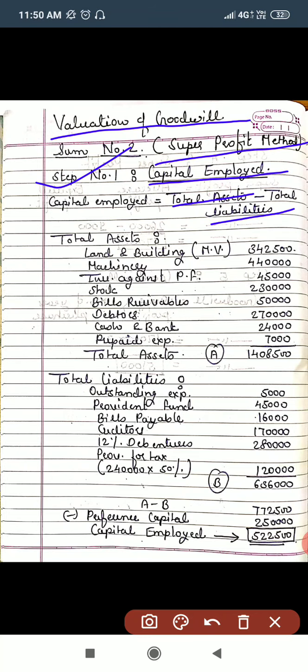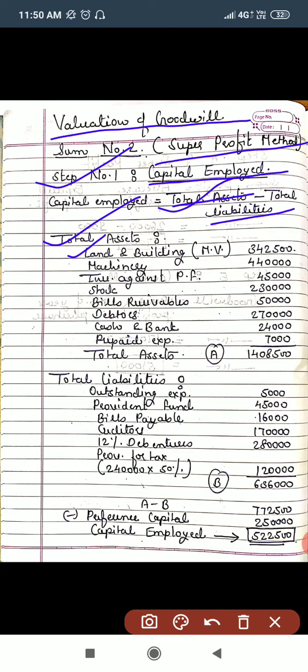You have been provided with the big balance sheet over here. Now, to calculate the total assets, we have to follow the asset side of our balance sheet, in the sequence as it is specified. The very first asset is the land and building.